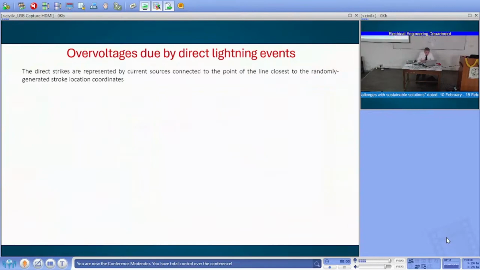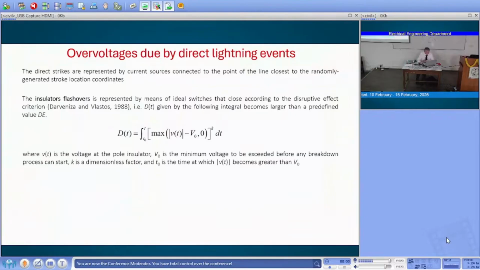Just a few words about direct lightning events. We take into account the insulation flashovers by this equation that represents the possibility for the insulation to not sustain the overvoltage during the time.